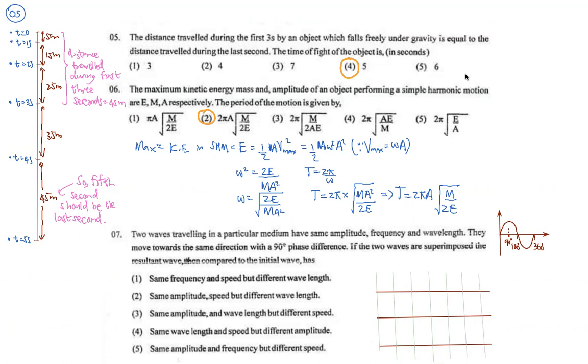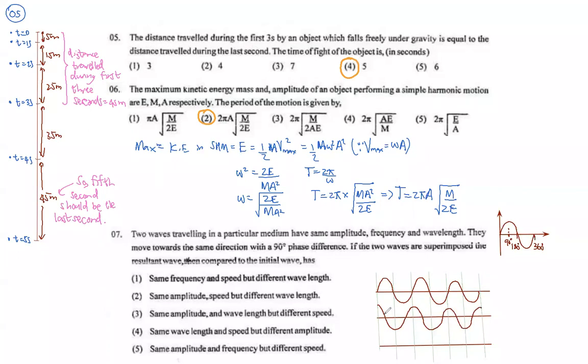But if I draw the first wave like this, I should draw the second wave with a 90 degrees phase difference, like this. This is how we should be drawing.